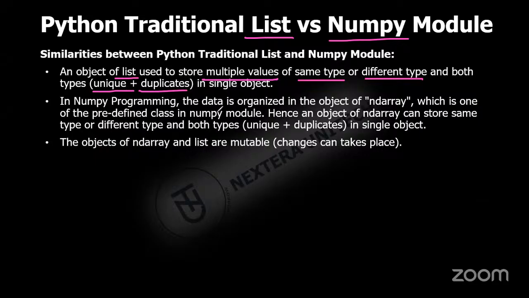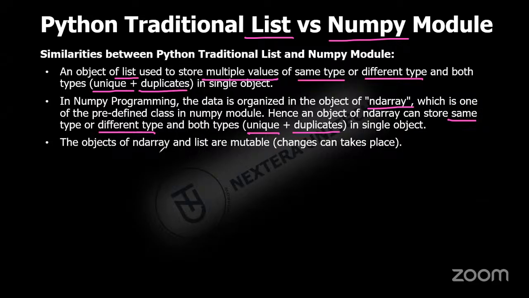In the same way, an object of ndarray can also store values of the same type or different type, which can be unique or duplicates. So this is the common point between list and NumPy.